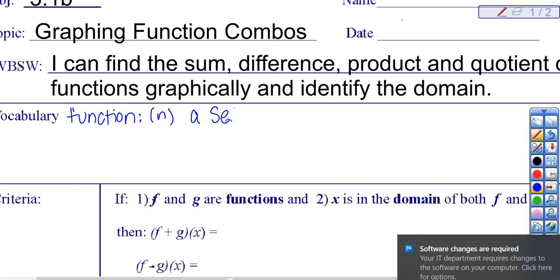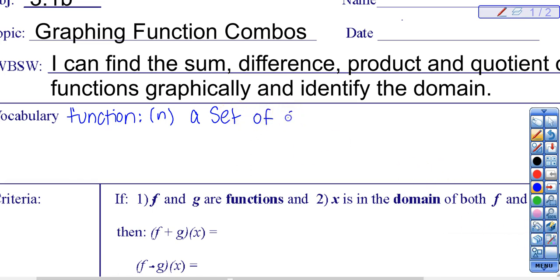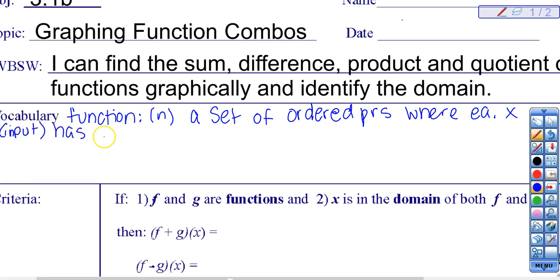And a function is a set of ordered pairs where each x, or in other words, input, has exactly one y or output.